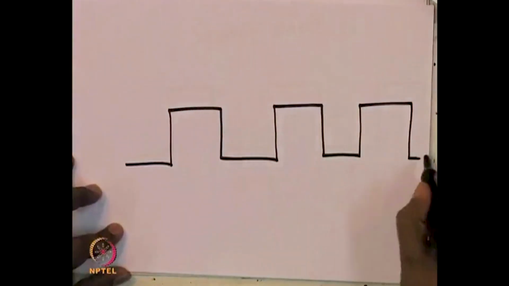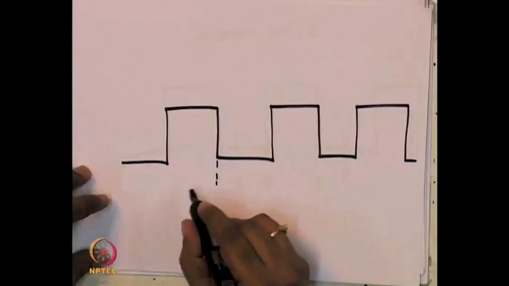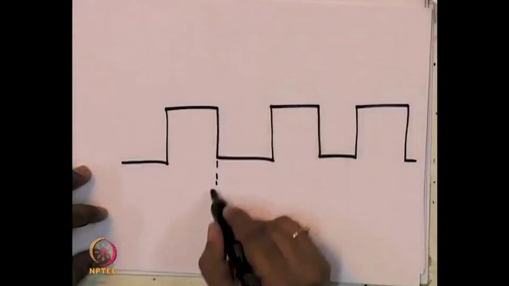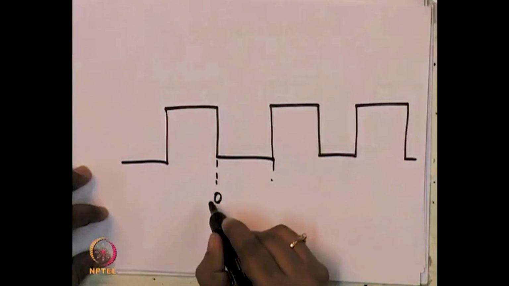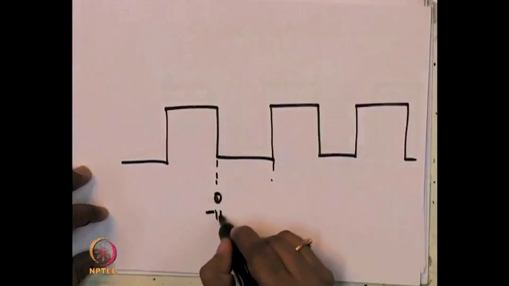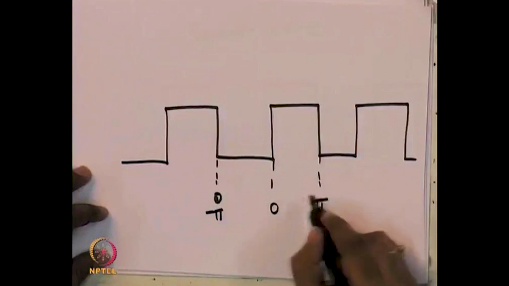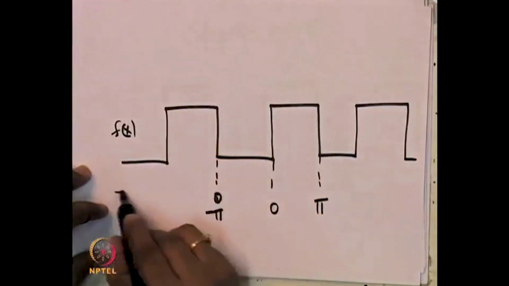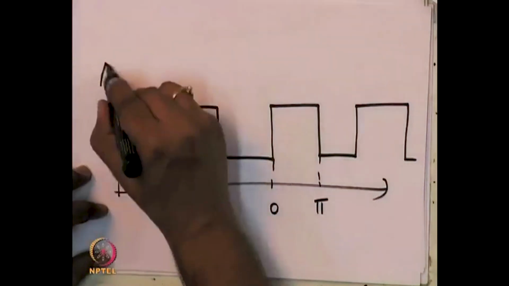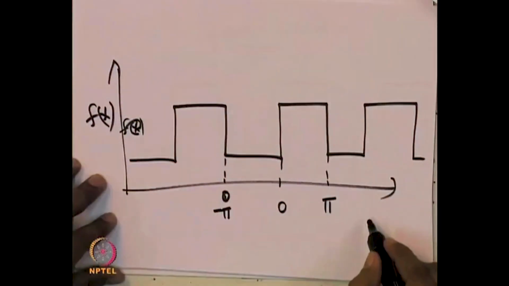We can take anywhere 0 and pi, but for simplicity let me take this particular point as minus pi, this particular point as 0, and this particular point as plus pi. So this is f of x, and this is your x.